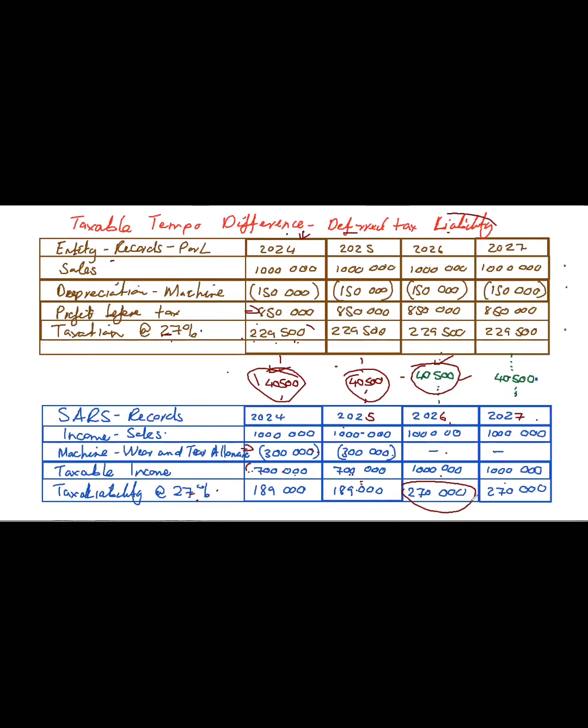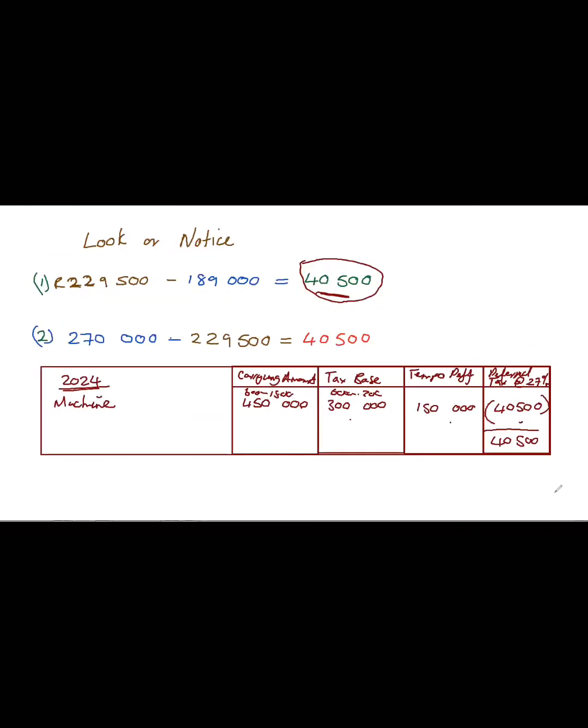So for the remaining years, there's no deduction. Therefore, your taxable income becomes more. And when taxable income is more, if you multiply that by 27, you then get a higher tax liability. So SARS is redeeming their tax that they'd lost from you for the previous 2 years.